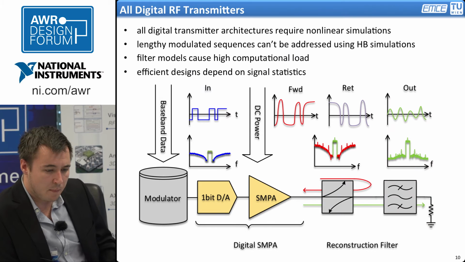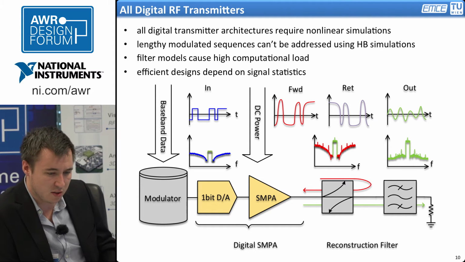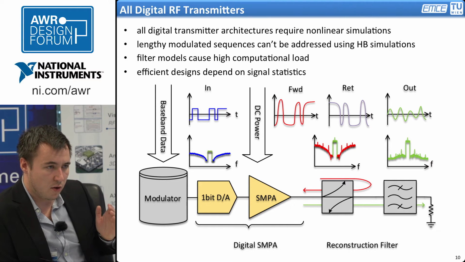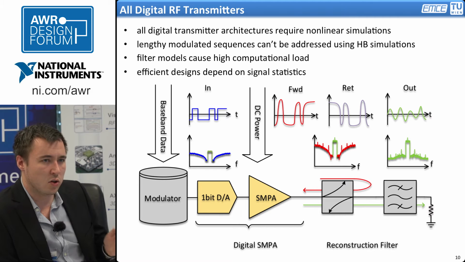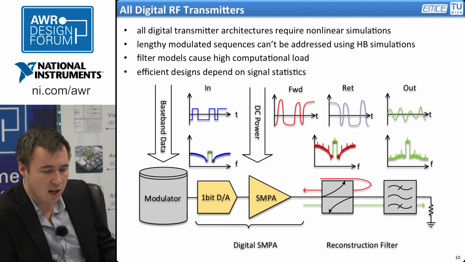Okay then, when it now comes to this concept of the all digital RF transmitter with respect to dealing with the circuit on a simulation basis, we can see that there are some practical issues. First of all, we need to conduct nonlinear simulations since we are pushing the switched mode power amplifier deep into saturation.